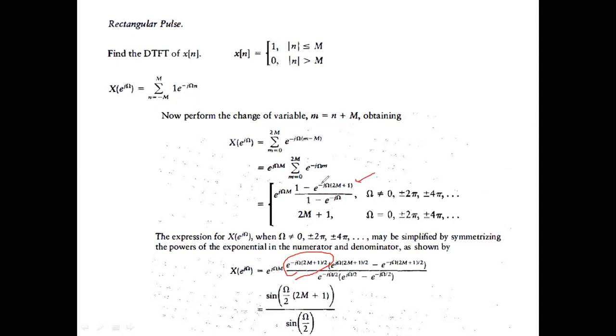To get the same terms in the power, he had to take this term outside. Now you can see he got e to the power minus j omega times 2m plus 1 divided by 2, e to the power j theta minus e to the power minus j theta. The 2j will get cancelled in both cases. Hence he got it in the form sine divided by sine.